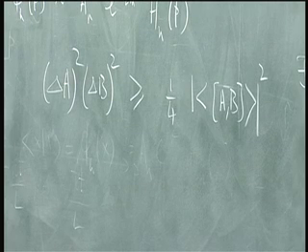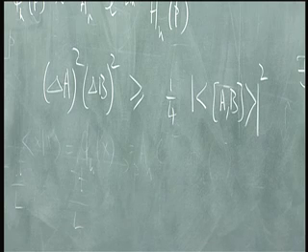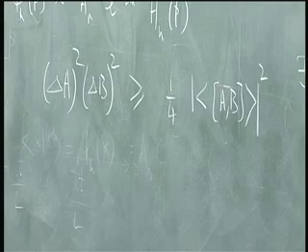But you can also ask what is the exact relation, and it turns out that it should be greater than or equal to this commutator squared plus a similar expectation value squared of the anti-commutator, and since that is again a non-negative quantity, you play it safe by saying it is certainly bigger than this. So there is an extra term in here, it is actually bigger than this plus another term here which could be 0 under certain circumstances, and that is the actual best result that you can get.